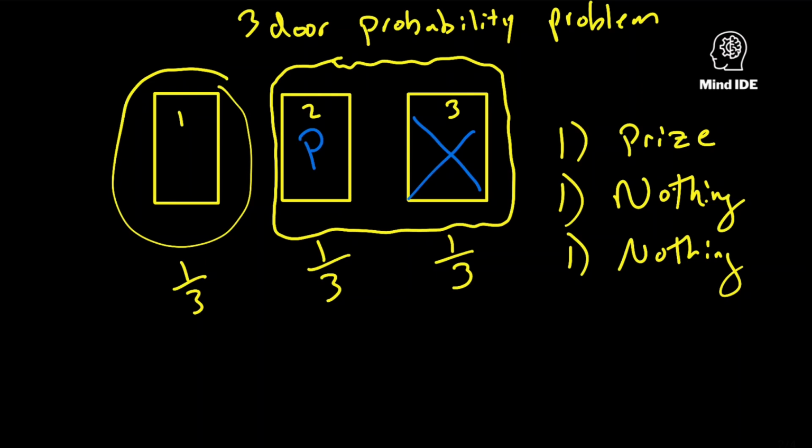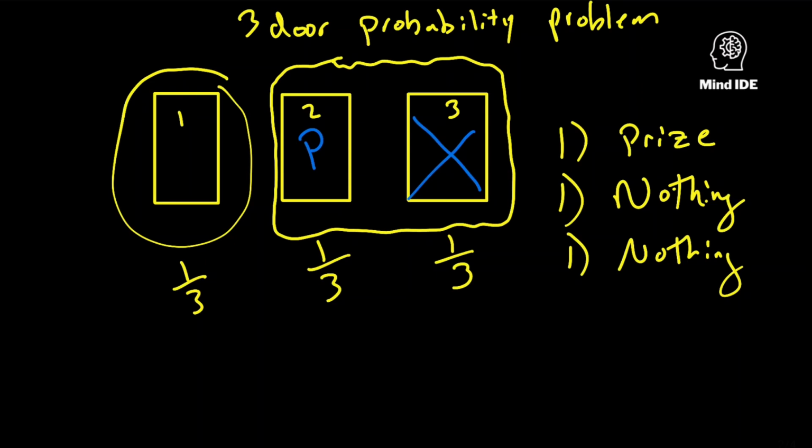And then they say, do you want to stay with door 1 or do you want to switch to door 2? And the problem is which door should you go with, and does it make a difference? So the first intuitive thought is that no matter what, it's going to be a 1 in 3 chance. Whether you stay or you switch, it's going to be a 1 in 3 chance.